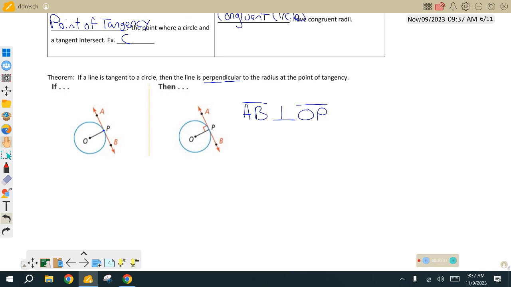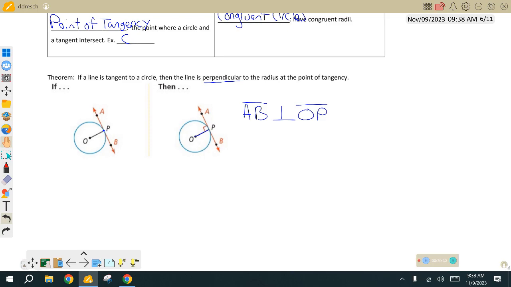That is the one thing I want you to take away today from tangents. Two things. One, it comes in and just kisses that circle at one point, the point of tangency. And the second thing I want you to start filing away, that we're going to use a lot throughout the school year, is that when it intersects the circle and meets up with the radius, it's always going to be perpendicular.